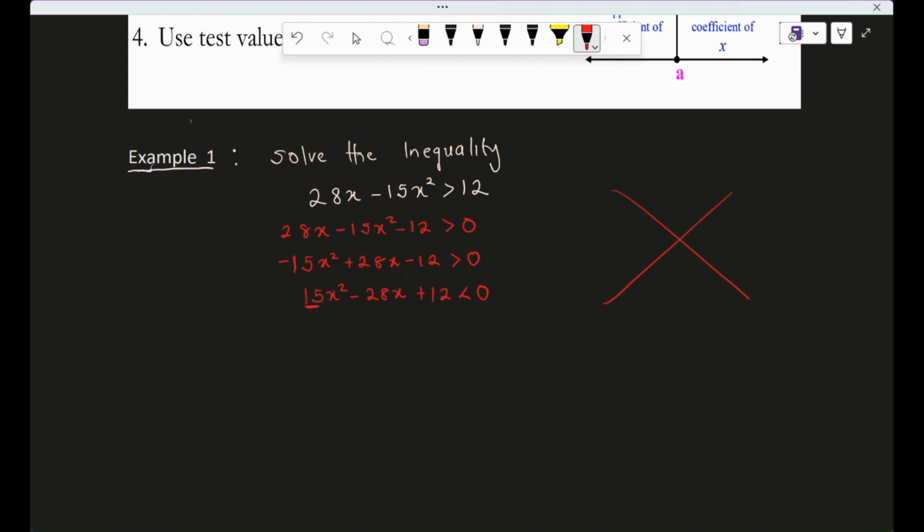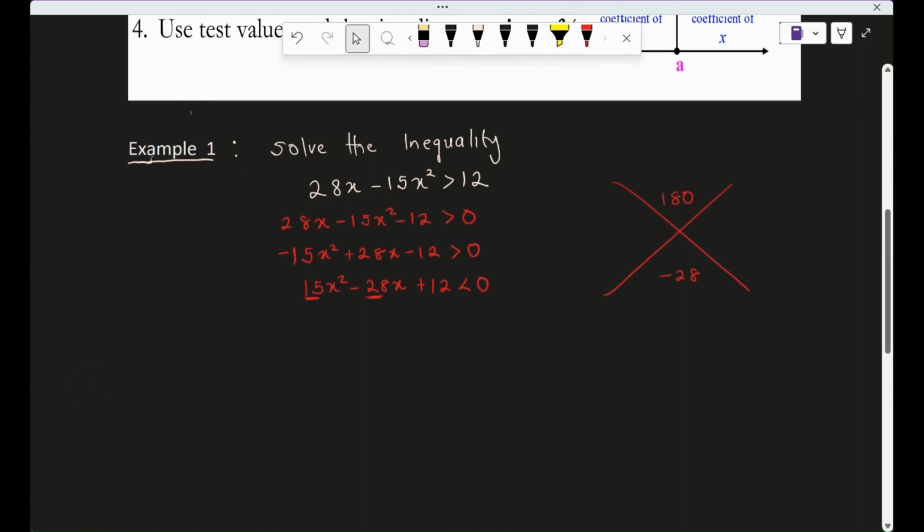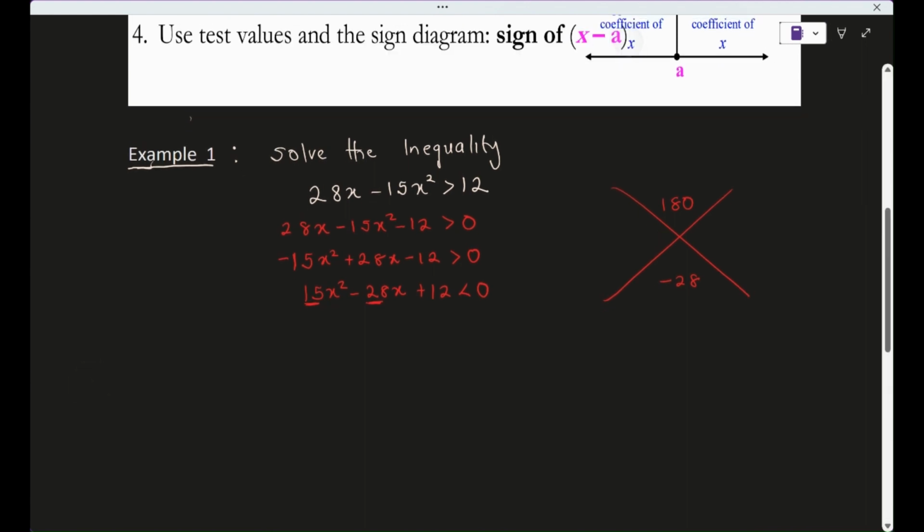We take A, which is 15, multiply by 12. So this will be 180, right? And then the B, which is the coefficient of x, is minus 28. So clearly you see that we need two factors that when you multiply, we'll get 180, and when we add, we'll get minus 28.